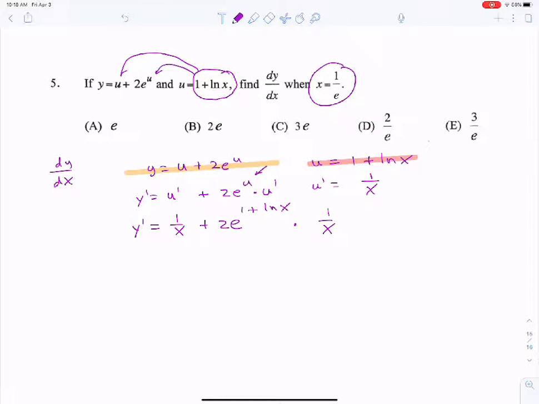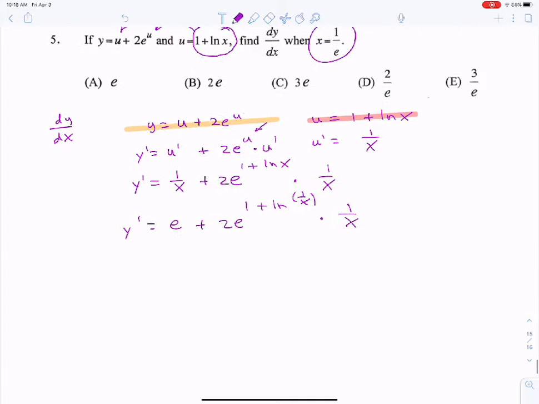So let me finish it up, and then I'll answer the questions that are in chat. So we get y prime equals 1 over x, which just becomes e, plus 2e, 1 plus ln of 1 over x times 1 over x. Now, there are some simplifications that we can do here, so let's do that. And I might have wanted to do the simplifications earlier.